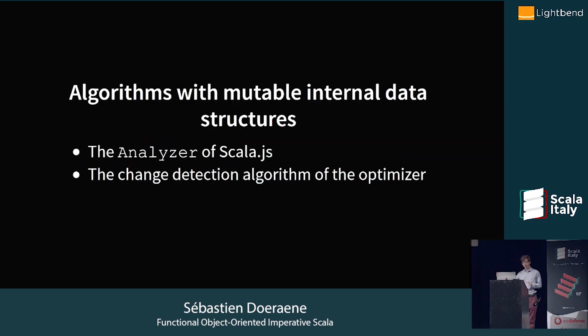We can go a step further, and we can cross the boundaries of methods with mutable data. Here I have two examples, which are not going to show in their entirety. It's the analyzer of the scala-JS linker. So that's the thing that computes the reachable part of your program. You might be aware of a particular type of optimization, which we call interprocedural dead code elimination.